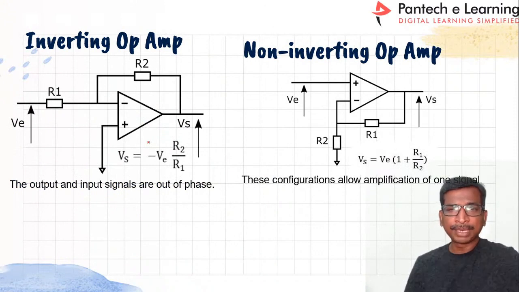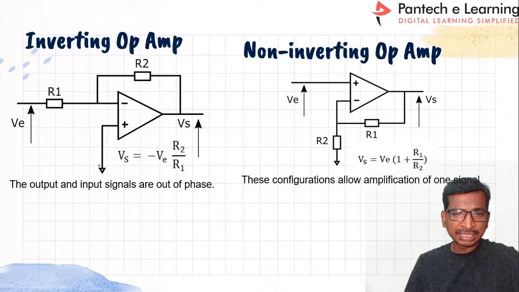So here we have to use this kind of operational circuits. Similarly, the inverting op-amp and the non-inverting op-amp. Whatever voltage you apply at this terminal, if the feedback is connected to the negative part, that is called the inverting amplifier. If the feedback is connected to the positive part, that is called the non-inverting amplifier, right?